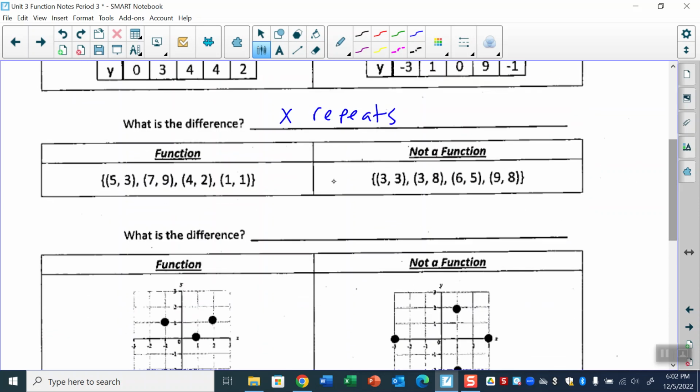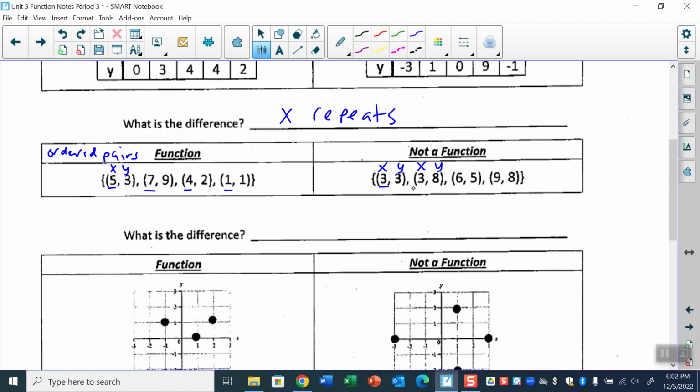Now, if I look at this, it's not a table. Remember, these are called ordered pairs, where you have an x and a y value. Okay? So you're still looking at the x values, right? Again, these are ordered pairs, so you have an x and a y value, x and a y coordinate.